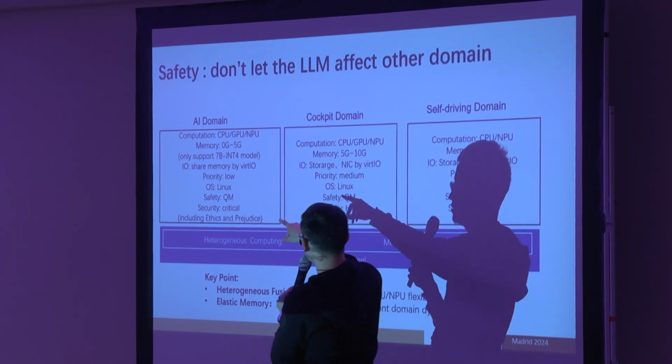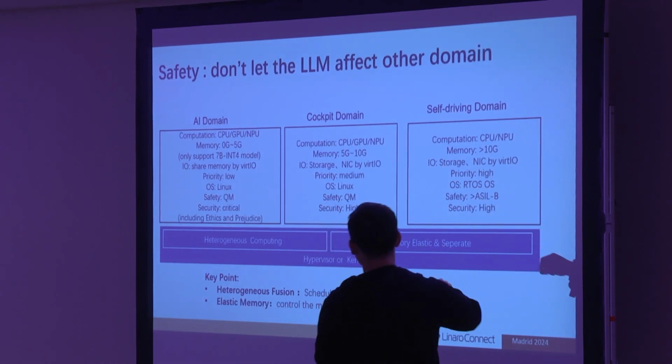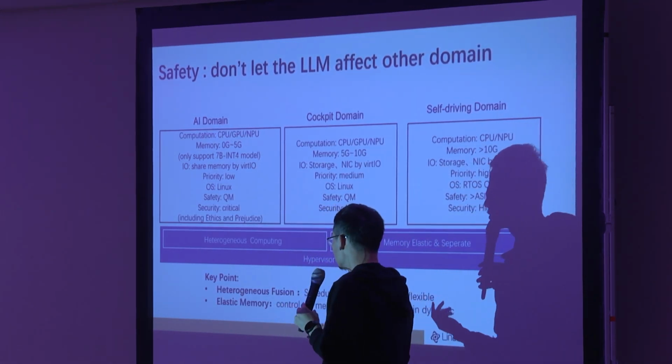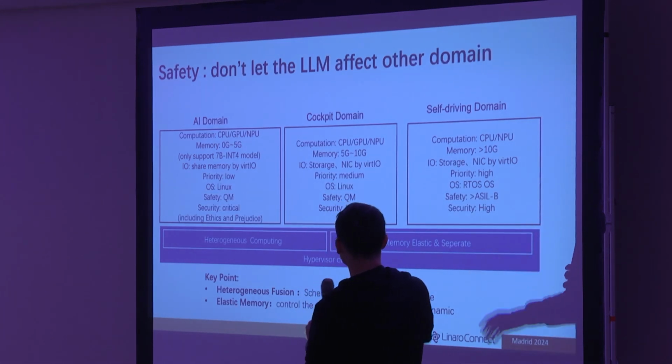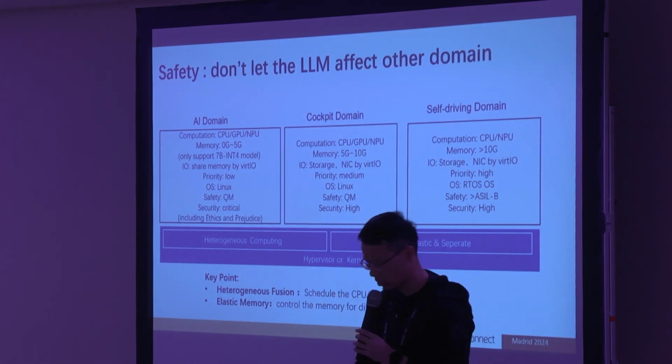So the three domains are totally different. They use different computation, they have different memory, they have different priority. And of course, they have different operating systems. So that's all. So yeah, we need to put an AI domain here.